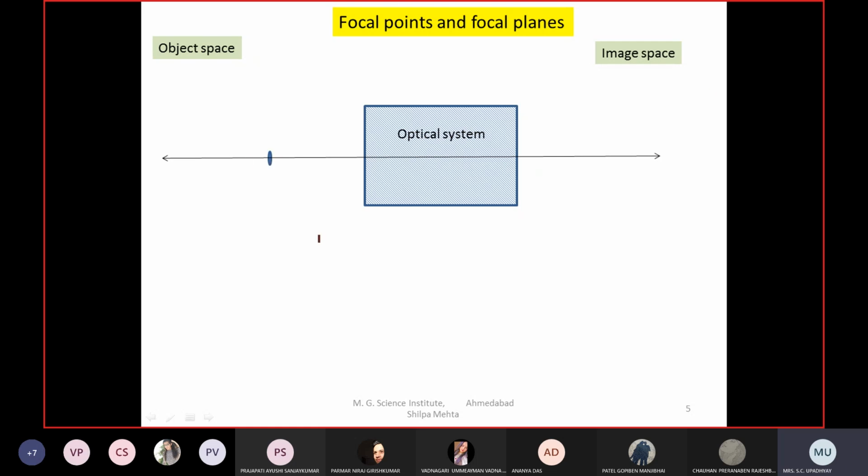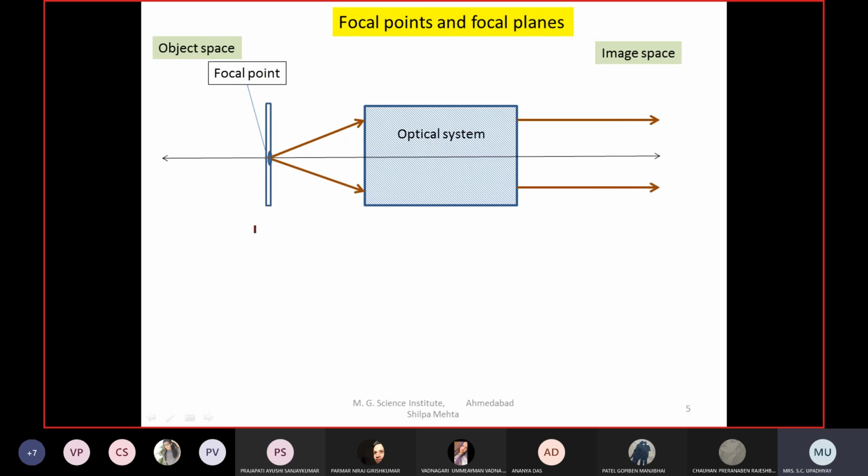We can say that there is one point on the axis of symmetry. This point is such that the rays emerging from this point like this, after passing through the optical system, become parallel rays. Such a point is called the focal point and the plane is called the focal plane. This you already know.